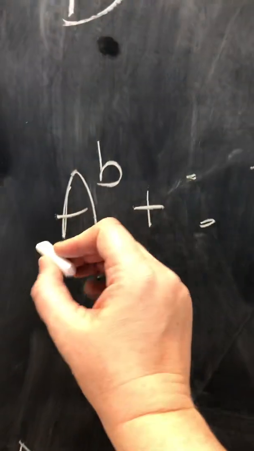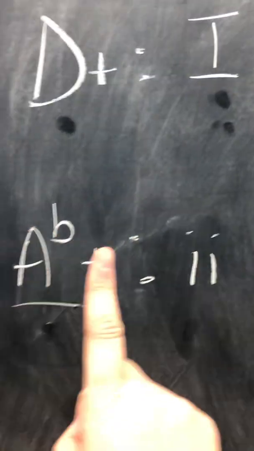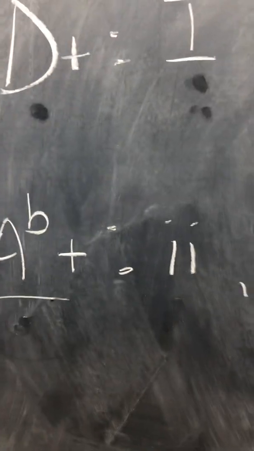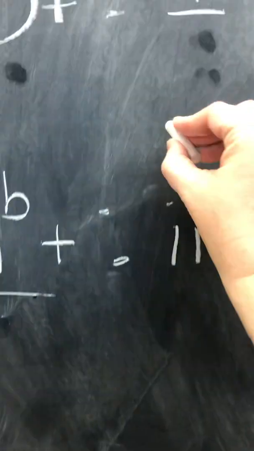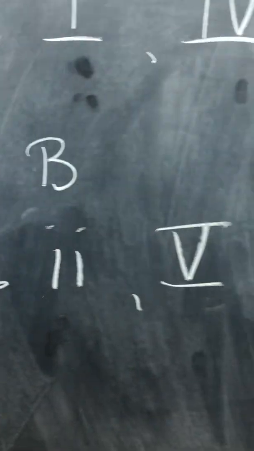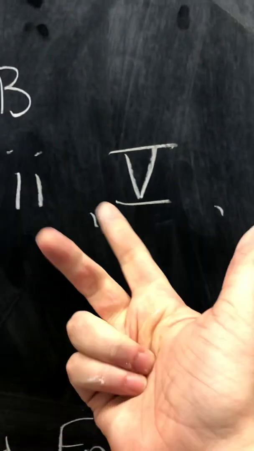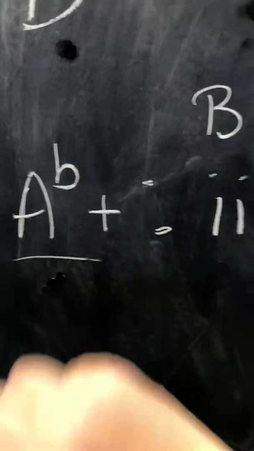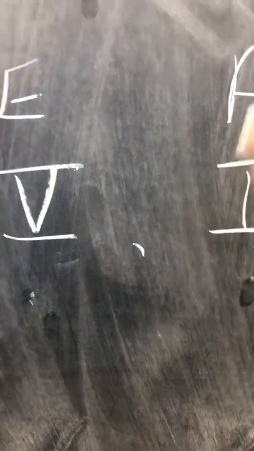If A is our tonic and our 1, what's going to be the second note of the scale? A, B. Now let's see what 5 is: A, B, C, D, E. And we already know we're in the key of A flat, so our 1 is A flat.